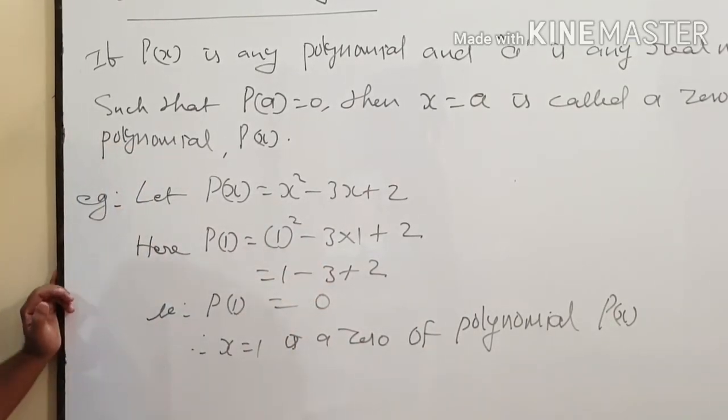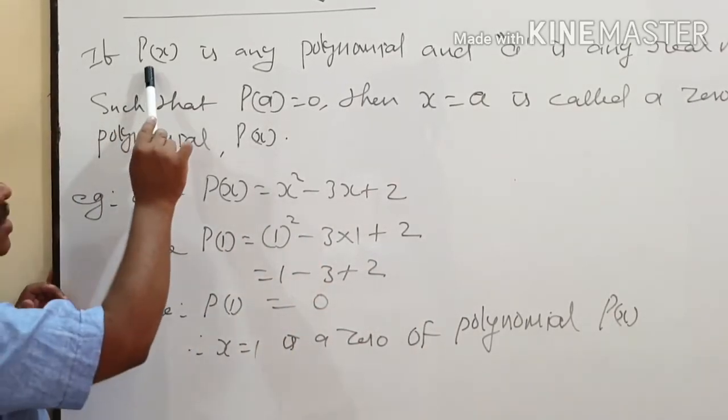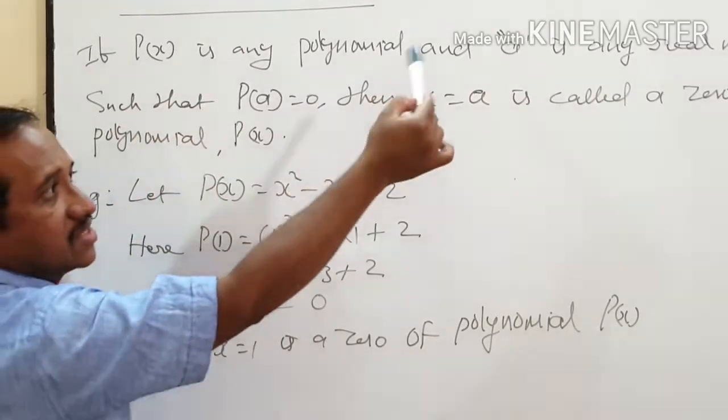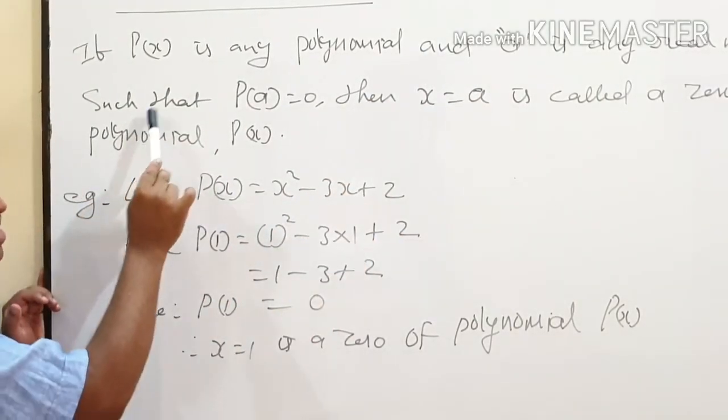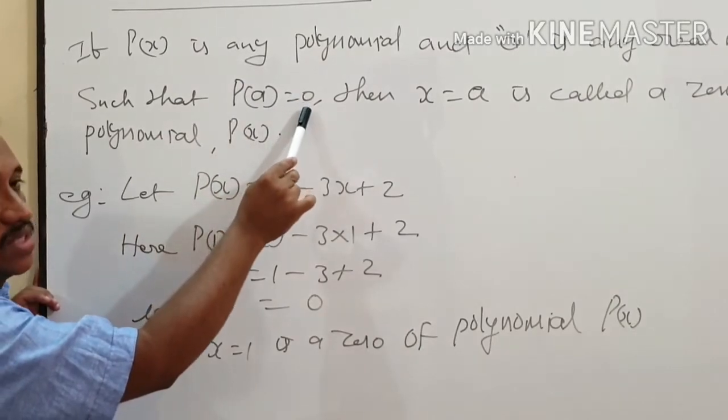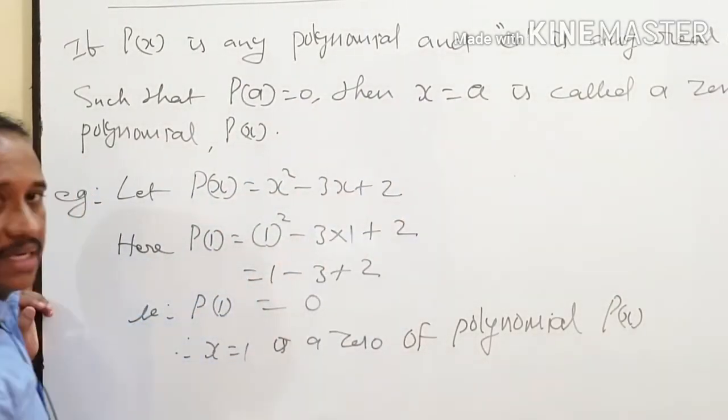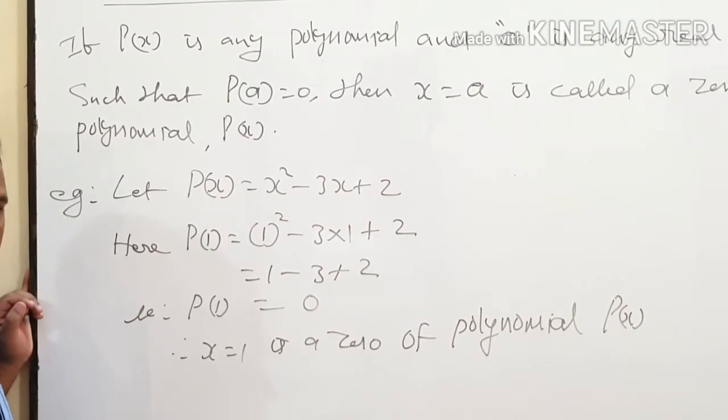So what is the zero of a polynomial? If you have a polynomial p of x and a is any real number such that p of a is equal to 0, then x is equal to a is called a zero of the polynomial.